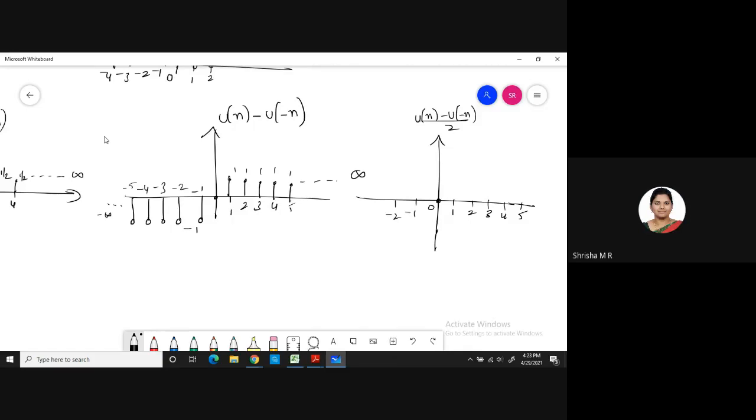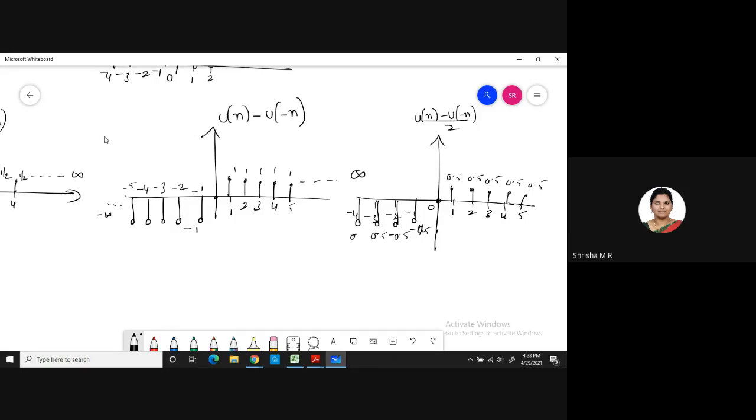And for negative values of n, it is minus 0.5. Here it's plus 0.5. For negative values of n, it is minus 0.5. This is minus half or minus 0.5.